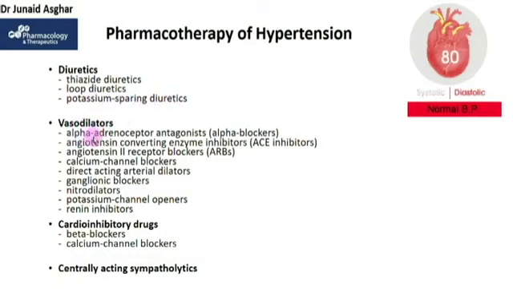Vasodilator agents, such as alpha-adrenoceptor antagonists, which are also called alpha blockers. Angiotensin-converting enzyme inhibitors, or ACE inhibitors. Angiotensin II receptor blockers, or ARBs, calcium channel blockers, direct-acting arterial dilators, ganglion blockers, nitrodilators, potassium channel openers, renin inhibitors.